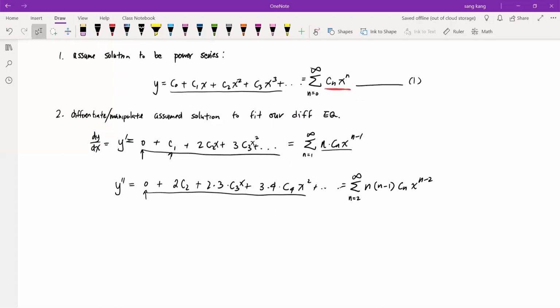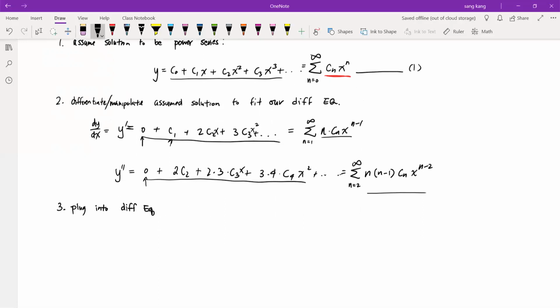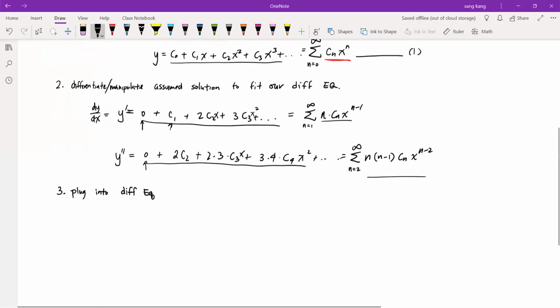Okay, so now that we have our two derivatives, our step 3 will be to plug into our diffeq, right? As we do for all differential equations when we solve these, to verify. So our differential equation was y double prime plus y equals 0.